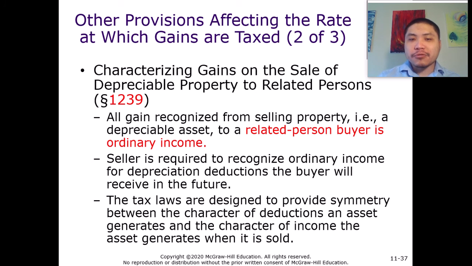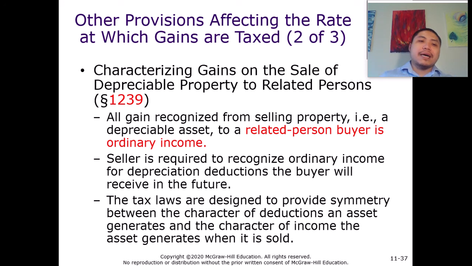They're going to try to sell stuff to related people, to their family members, or to other related parties, and then maybe record a gain or a loss to deduct something, but the asset still remains within that whole conglomerate of taxpayers. Section 1239 is created to discourage people from doing that.